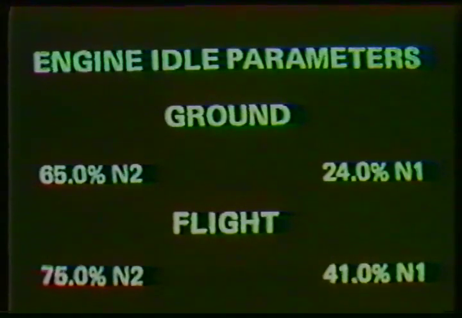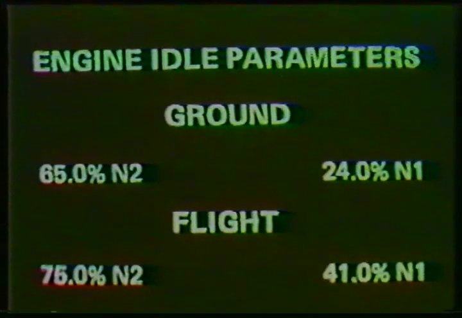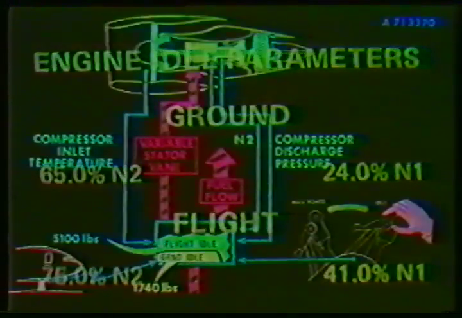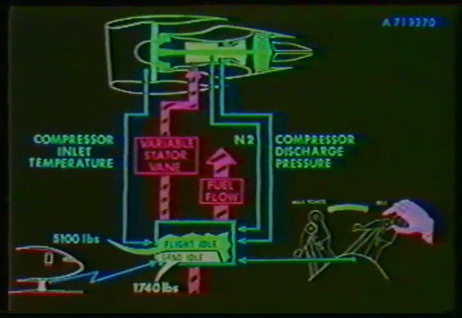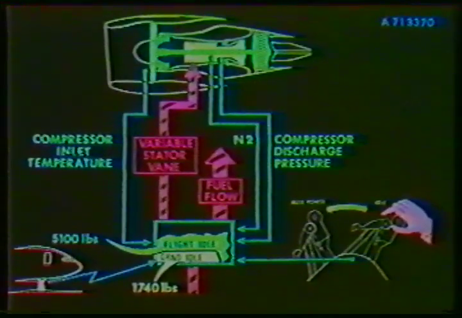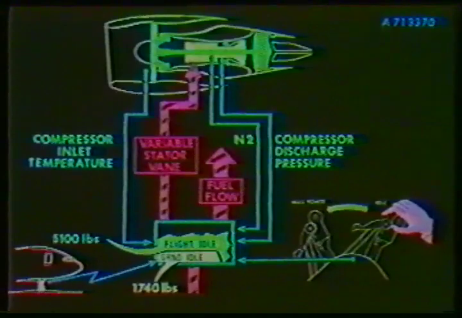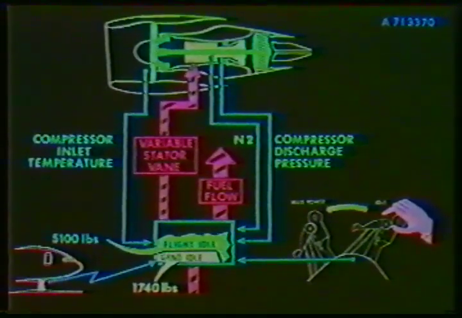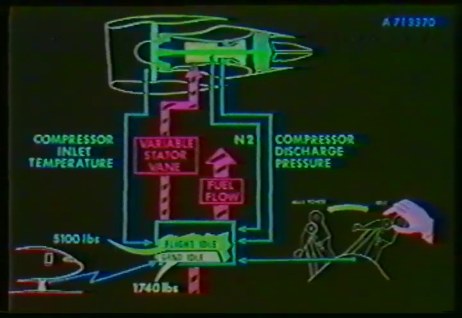The main engine control also controls the ground and flight idle. In flight, idle produces approximately 5,190 pounds of thrust. Ground idle delivers about 1,740 pounds of thrust. Ground and flight idle are controlled by the nose gear proximity switch.